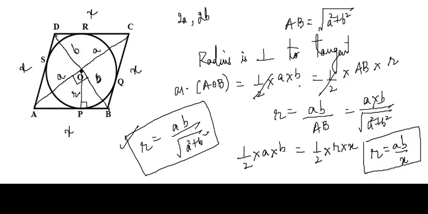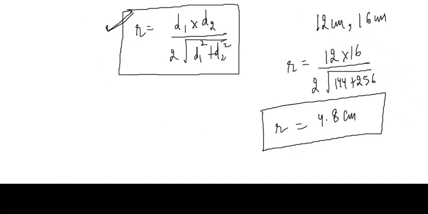So basically, we have two formulas for calculating the inradius. One is if the diagonals are given as d1 and d2, and half of these are a and b, that means a is d1 by 2 and b is d2 by 2.